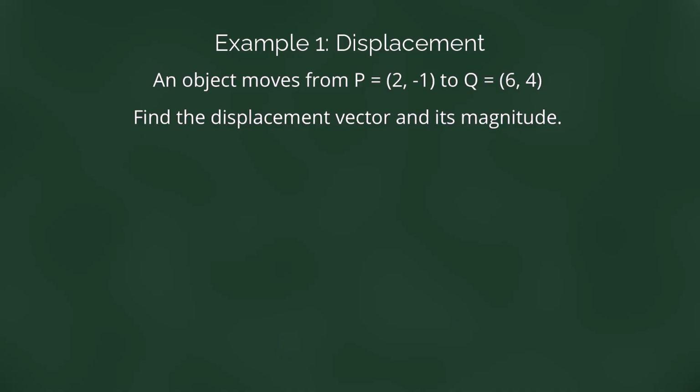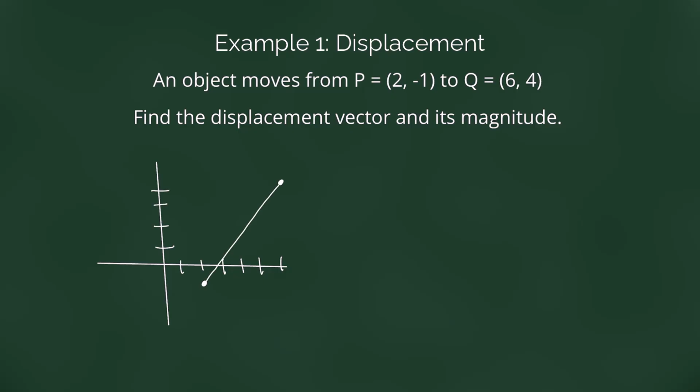First, let's imagine an object that moves from the point P equals (2, -1) to the point Q equals (6, 4). And let's find the displacement vector that indicates that movement as well as the magnitude of that. So if we draw a quick sketch of those 2 points, (2, -1) is here, and (6, 4) is over here.